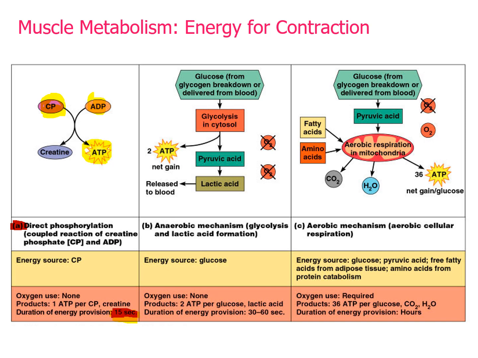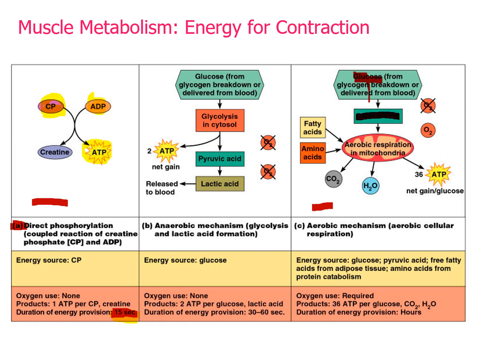The next process that's going to be occurring simultaneous with this, right from the beginning, would be aerobic respiration, or aerobic cellular respiration, in which glycolysis breaks down glucose to pyruvic acid.